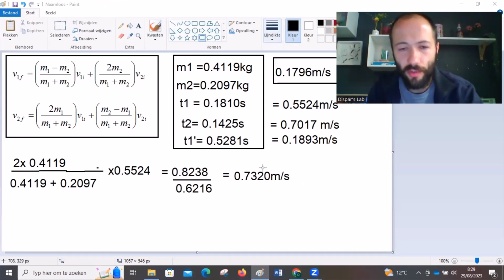This is the prediction for the second mass after collision.